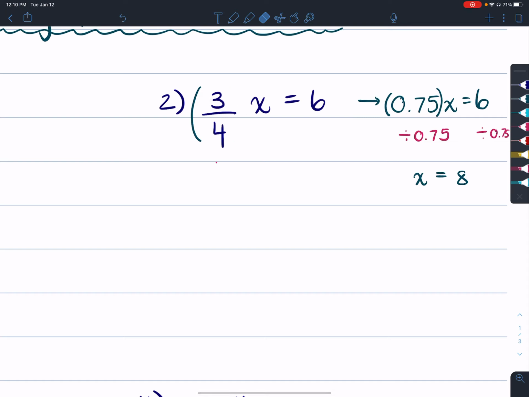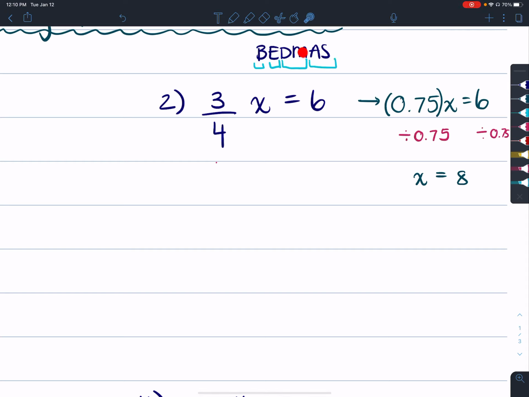The way that I do this is I see this as 3 times x and then divided by 4. It doesn't actually matter which order you do, whether you get rid of the 3 or the 4, because if we remember order of operations, BEDMAS, we have to do brackets first, exponents, then division, multiplication, and then addition, subtraction.